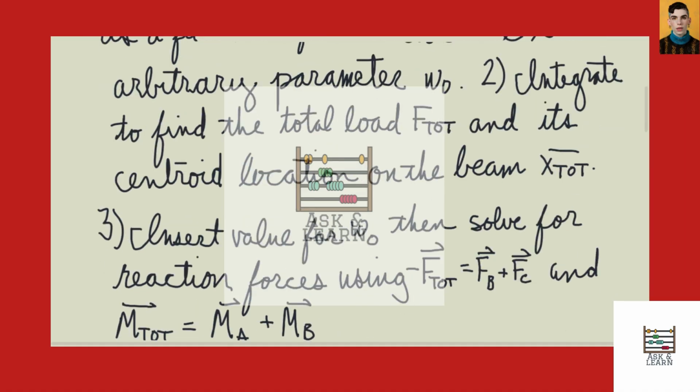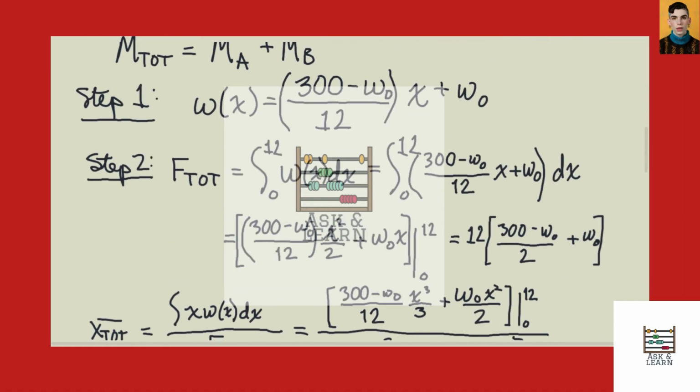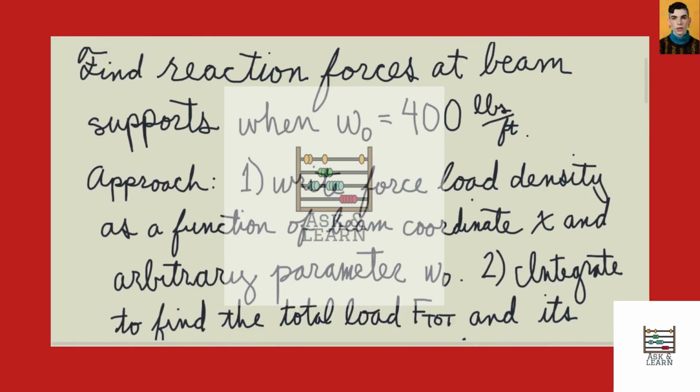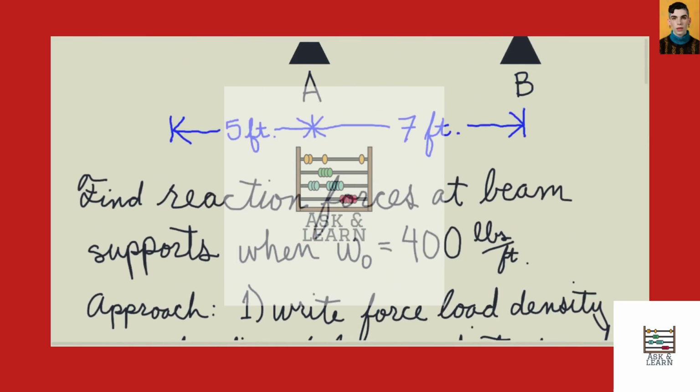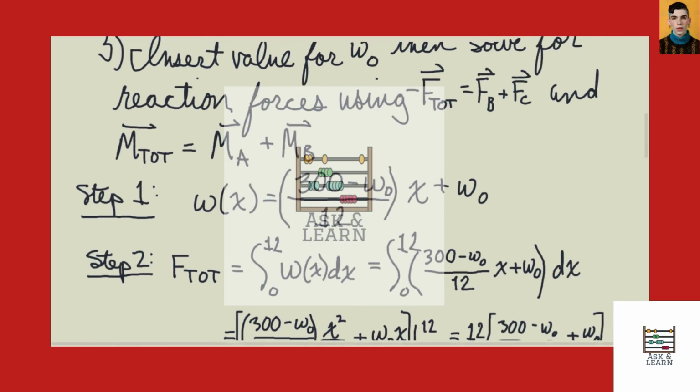So going back to our derivation of the force density equation, we have 300, the y-coordinate at the final location, minus W sub naught, the y-coordinate at the initial location, over the run of 12 feet, so a total of 12. That's our slope.